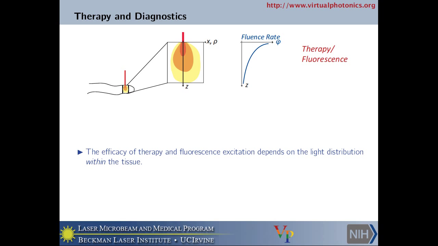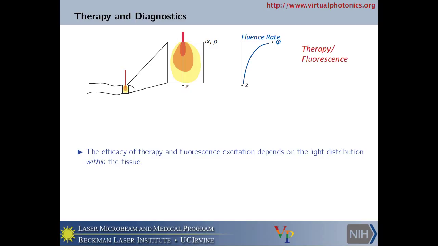This is really the metric that one is interested in if one is interested in some sort of phototherapy, whether it's photothermal therapy, where you want to induce a temperature change, or photochemical therapy, where you want to make an inactive molecule photoactive.